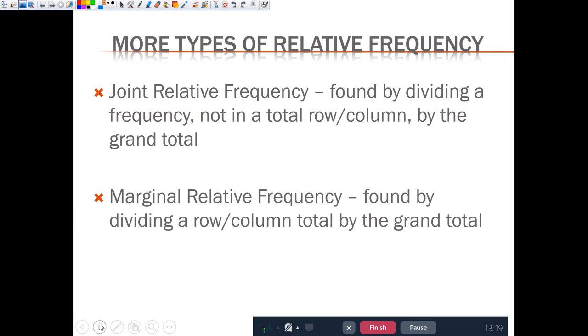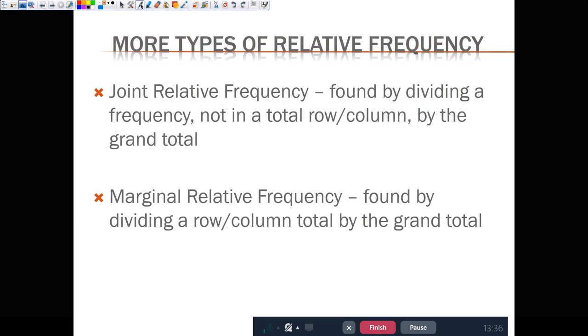Okay. So joint relative frequency is found by dividing a frequency not in the total row or column by the grand total. Okay? Underneath this, you might want to make a little example. So that's what I'm going to do here, but you can put it on the bottom. But make sure you write joint relative frequency above it.